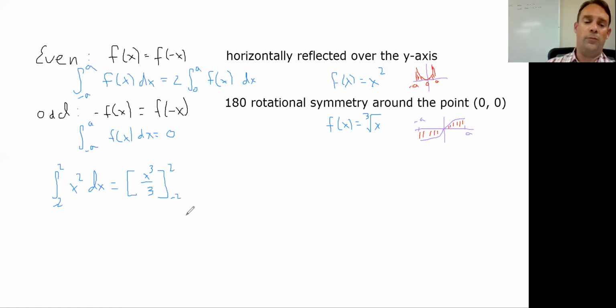It's more that if it pops up, you need a basic understanding of what's going on and what happens if they actually are even or odd. So we have 2 cubed over 3 minus negative 2 cubed over 3, and we end up with 8/3 plus 8/3, which is 16/3.